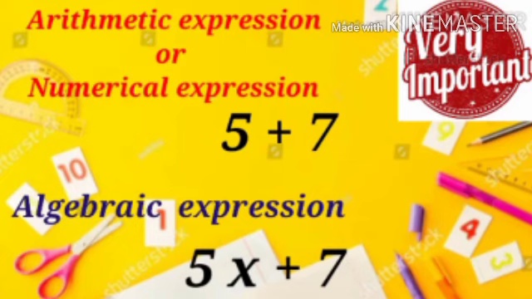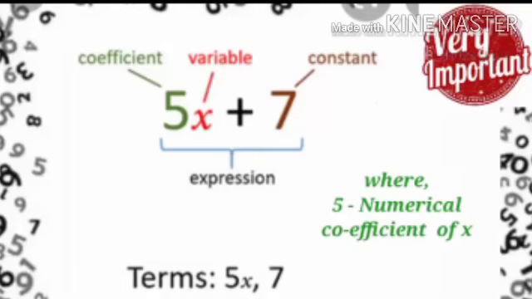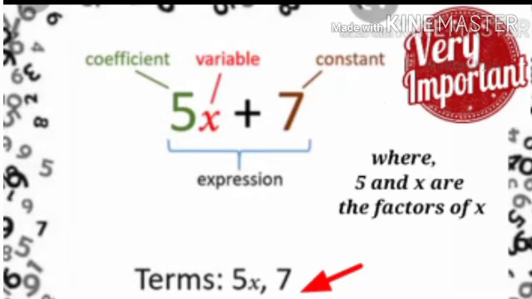In this numerical expression, say if an alphabet x is present, for example 5x plus 7, it becomes an algebraic expression wherein the alphabet x is called a variable, while the numerical value in front of the variable x is called the coefficient of the variable x. However, the numerical value 7 is called a constant, which is a fixed value. Here, 5x and 7 are said to be the terms of the expression 5x plus 7.